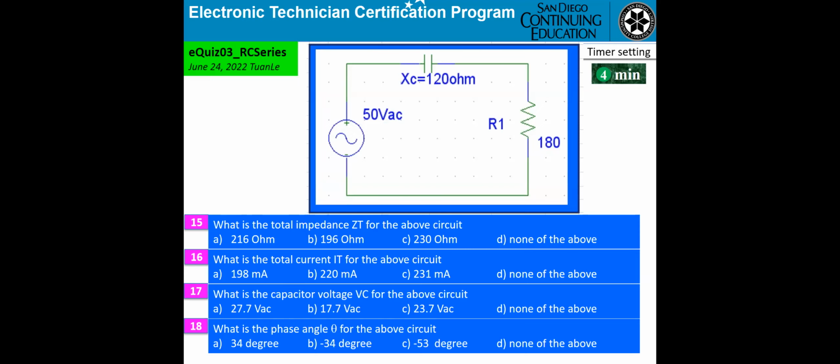We have two question number 15s. There's a question number 15 on the previous page. Is it double, right?